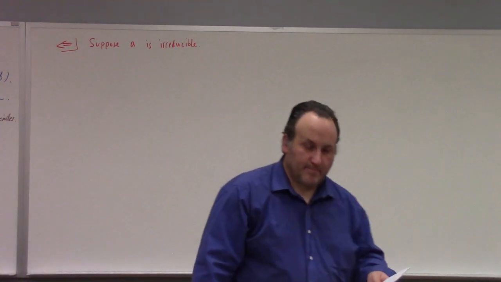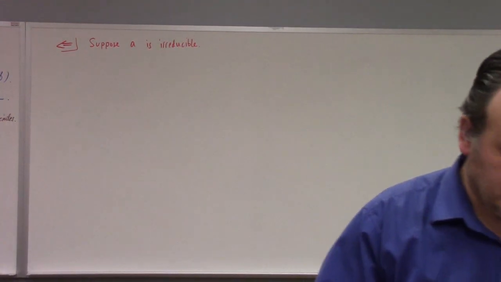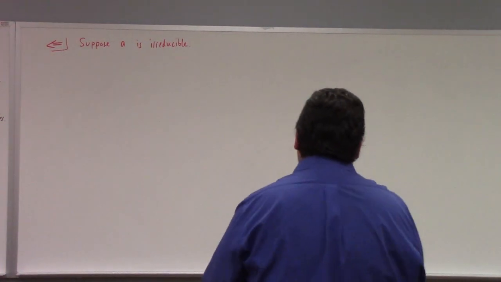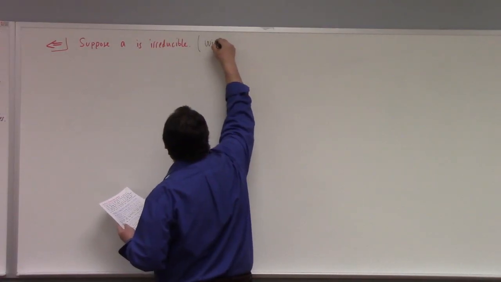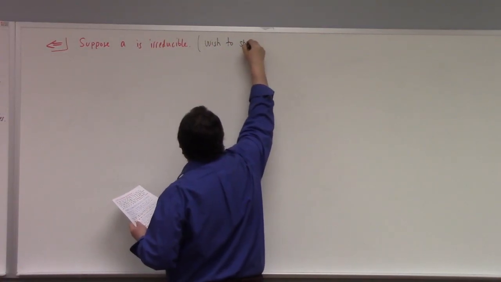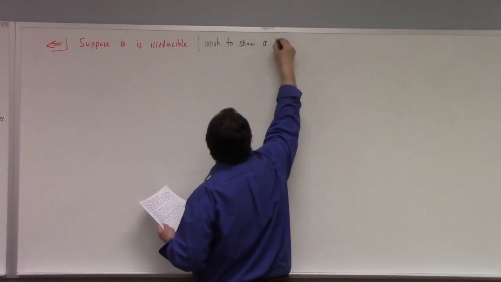All right? And so we probably should remind ourselves what the definition is of prime, right? So what is it? We'd like to show, parenthetical comment up here, right? Where we wish to show A is prime.